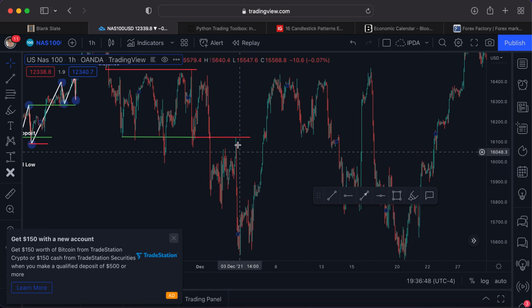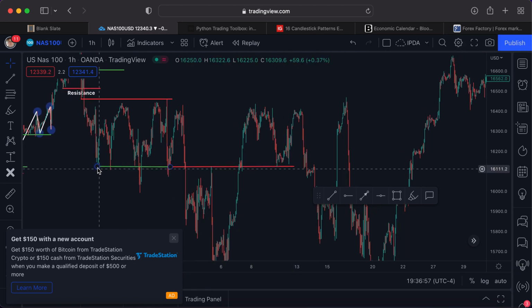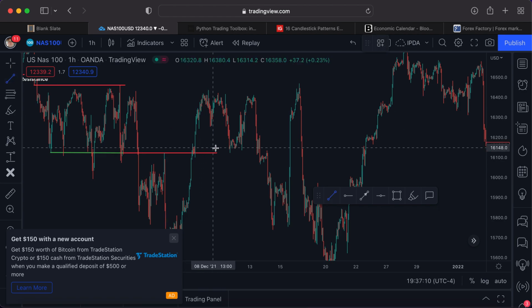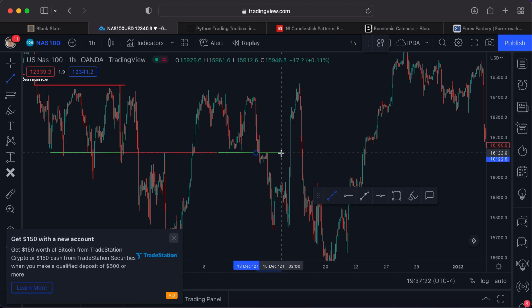And you can see that this level plays again in the future. So you can see that this level is played several times, and this is support here, and then it's a resistance here, and then it looks like it turns like a support here. And then look at this, another resistance.